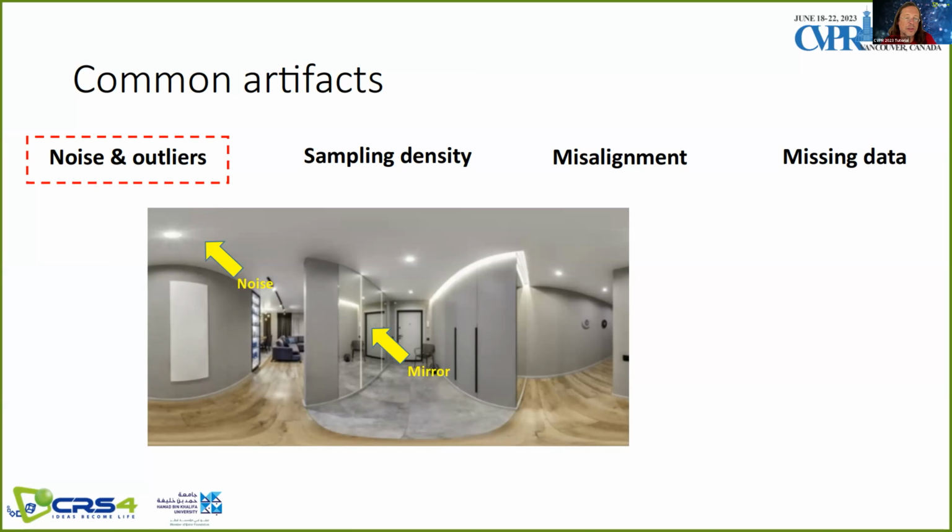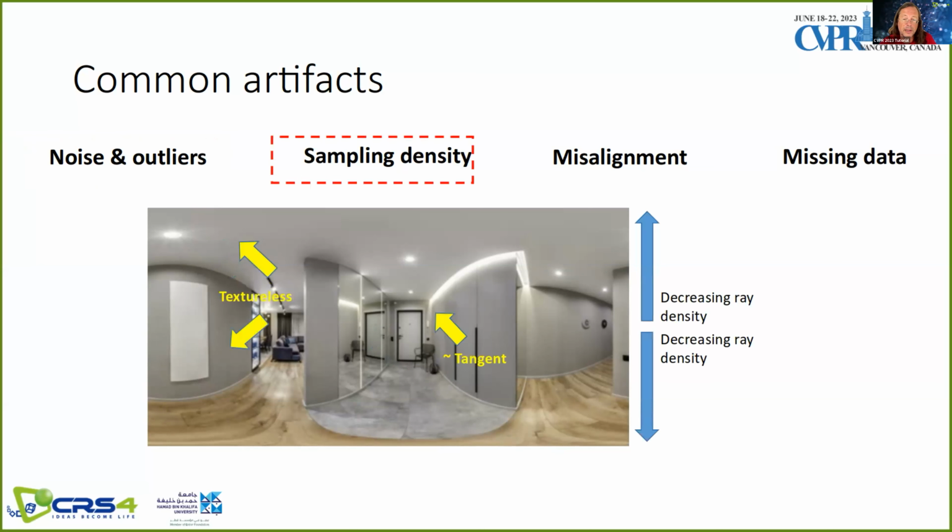So measures that indicate some geometry that actually does not exist, for example, in the case of mirrors. These surfaces are abundant in 3D environments that are indoors, and so must be dealt with.